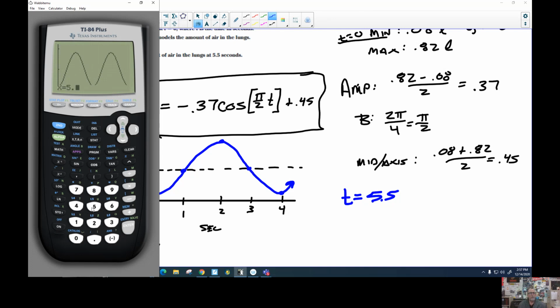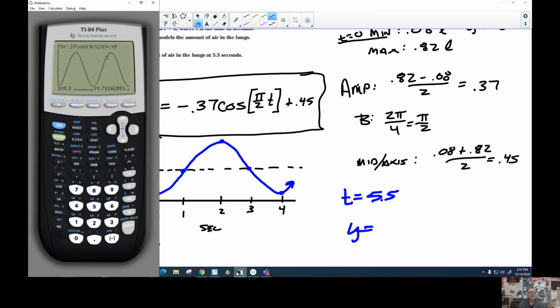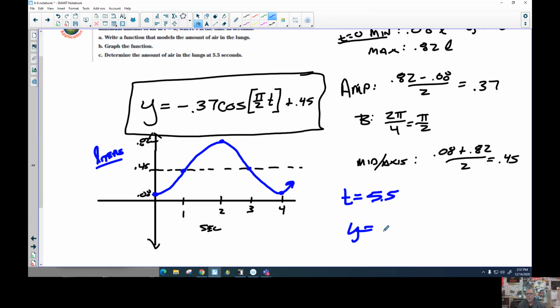So 5.5 is our input, and it tells us at t equals 5.5, our y value is 0.711. So 0.71, we'll say, liters. y equals 0.71 liters. And we'd be done.